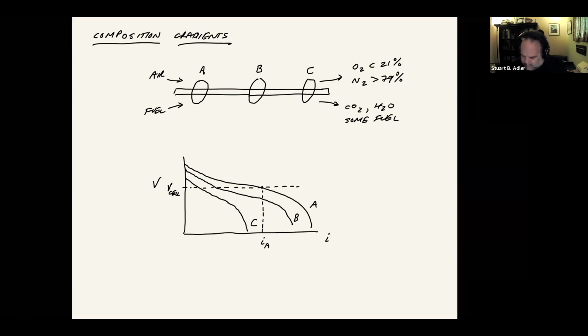And then the way I've sketched it, area B will have a lower current density, because at that same cell voltage, the polarization curve is steeper for that lower gas concentration. And then likewise, if I go all the way to the end of the cell, according to this, gas concentration is the least, current density is the least.